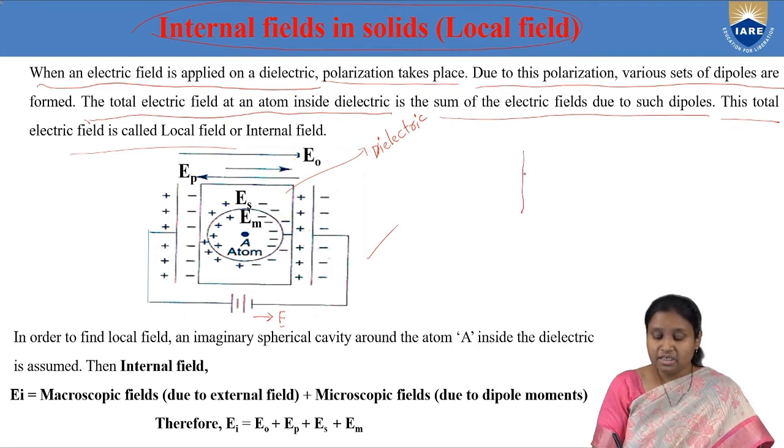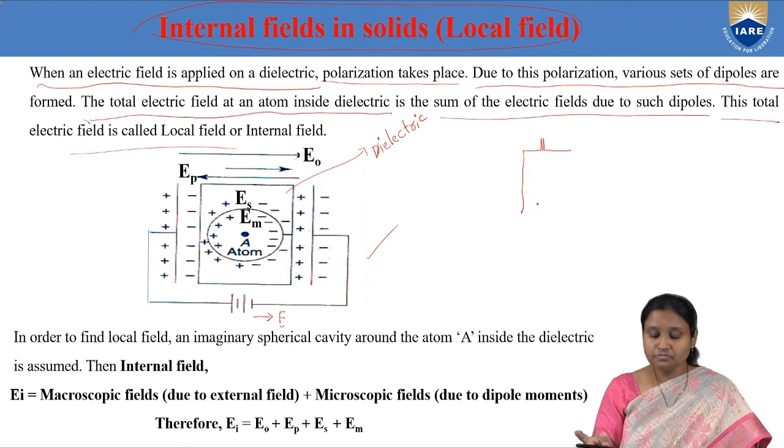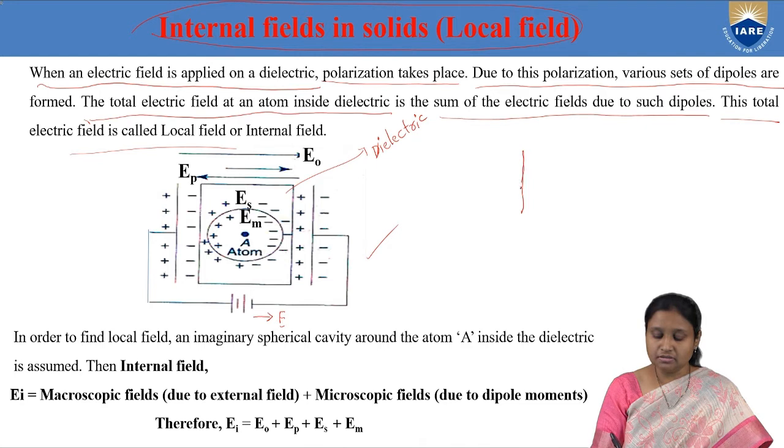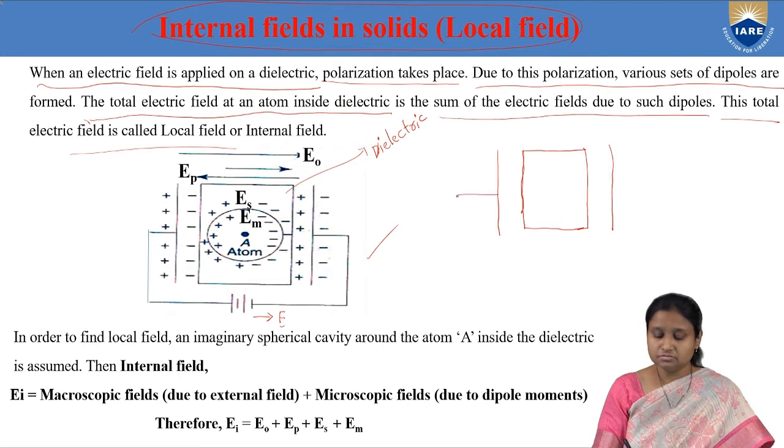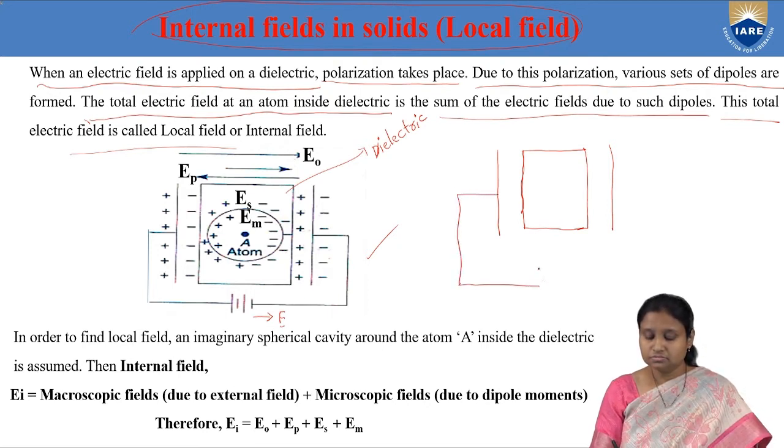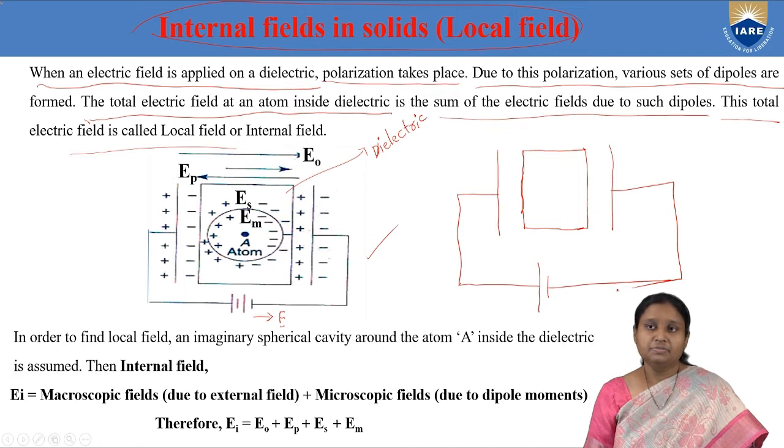So we are taking a dielectric material. This is our dielectric material, and then we have kept it in between the two capacitor plates, and this is the direction of the electric field.